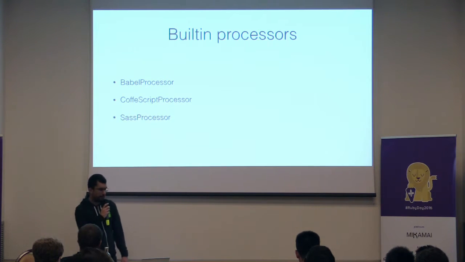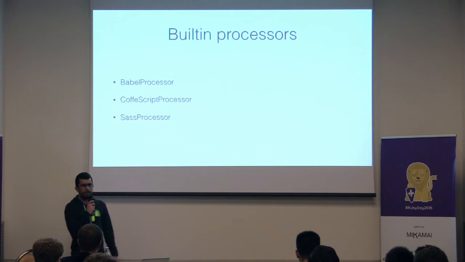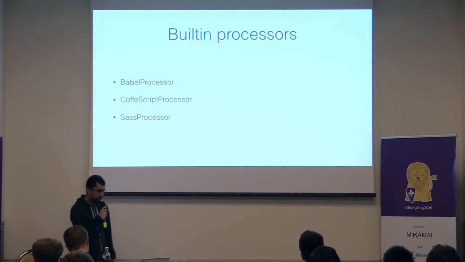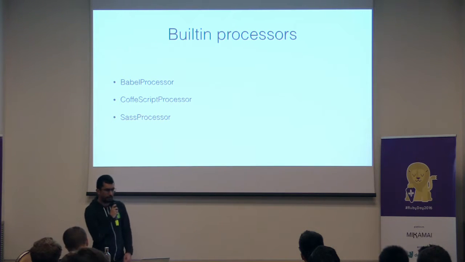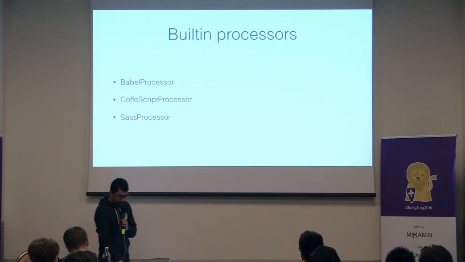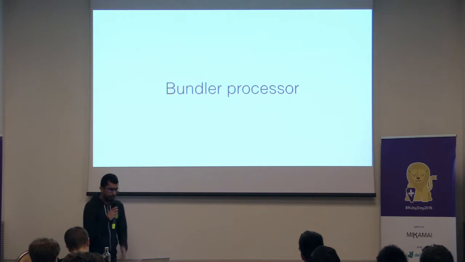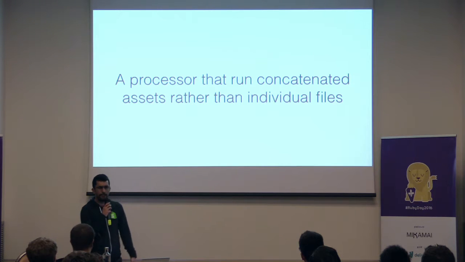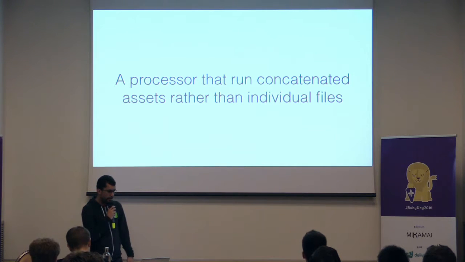We have some built-in processors. The Babel processor is for compiling JavaScript next to JavaScript 5. CoffeeScript is to compile CoffeeScript to JavaScript, and Sass compiles Sass to CSS files. Apart from the processors, we have the bundle processor. It's a special kind of processor that concatenates all the files instead of changing individual files.